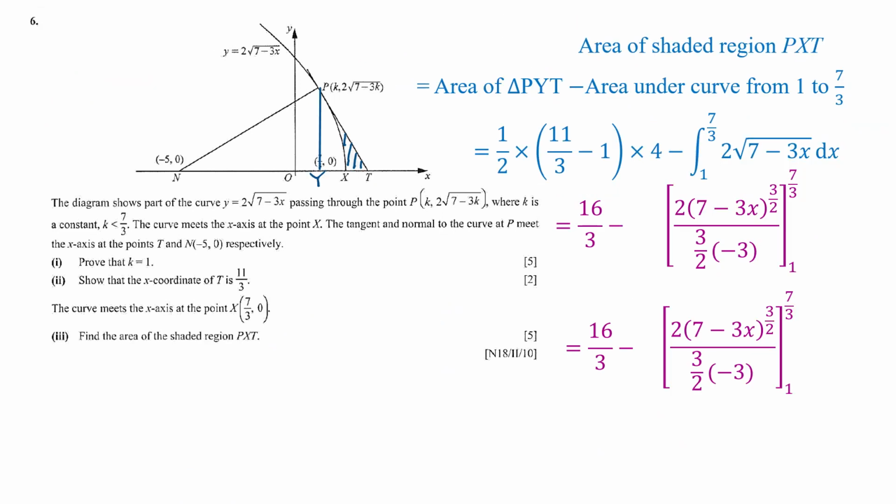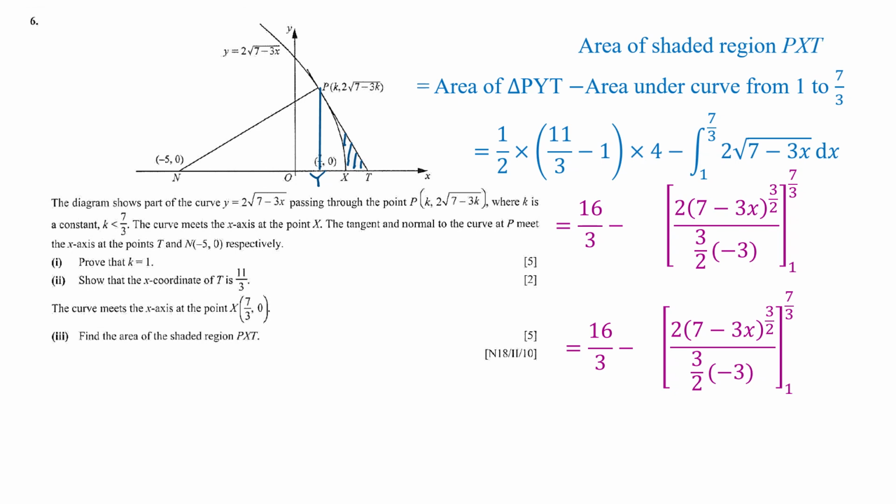All right, so in part 3, we're asked to find the area of the shaded region. The area of the shaded region is the area of this triangle here, PYT, minus away the area under the curve. Sorry, minus away the area under the curve from y to x.